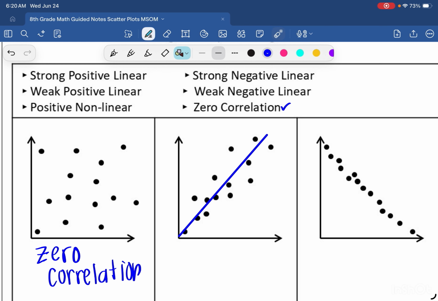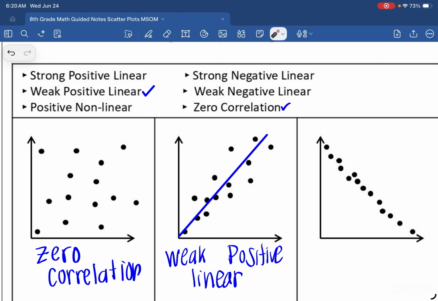So that is weak, positive, and linear. This scatter plot right here, the points tend to be going down in a linear fashion, and the points are close to the line. So this will be strong, negative, and linear.